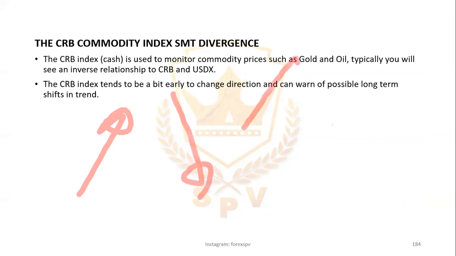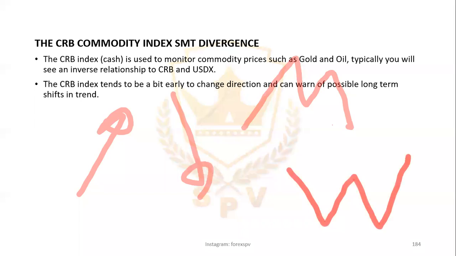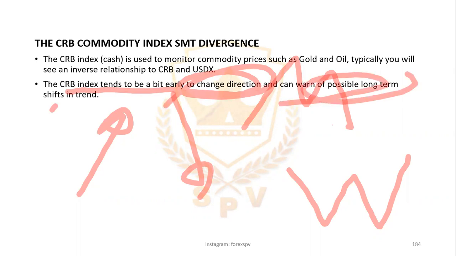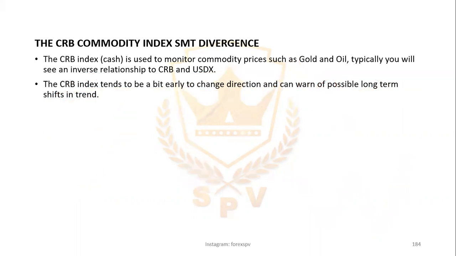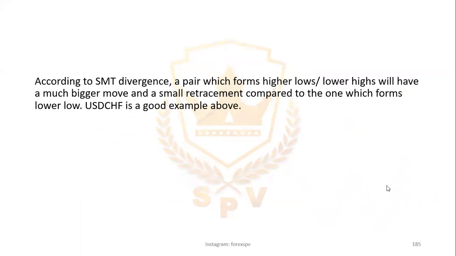If the CRB is forming this, the dollar will be forming that. Usually the CRB index tends to move a bit earlier and can warn of a possible long-term shift in trend on the dollar index. The CRB index is found on the TradingView platform.